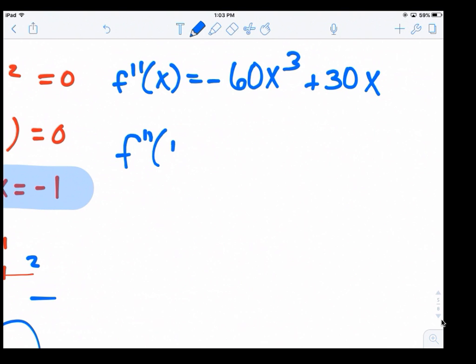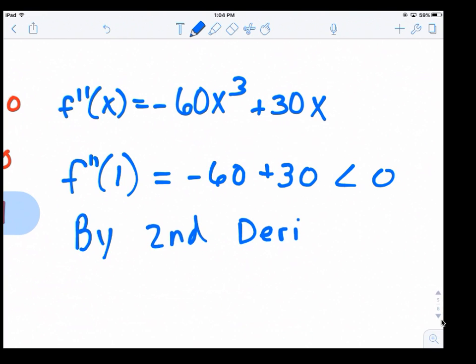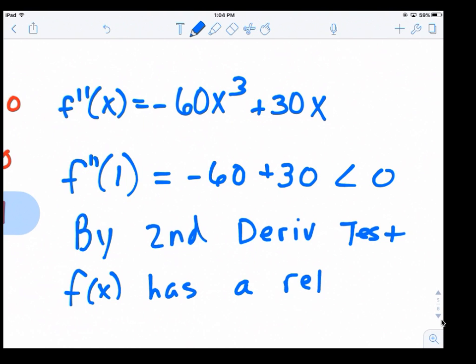So if I do f double prime of 1, I get negative 60 plus 30, which is less than 0. So by second derivative test, f of x has a relative, now because this is negative, at this particular value it is concave down.